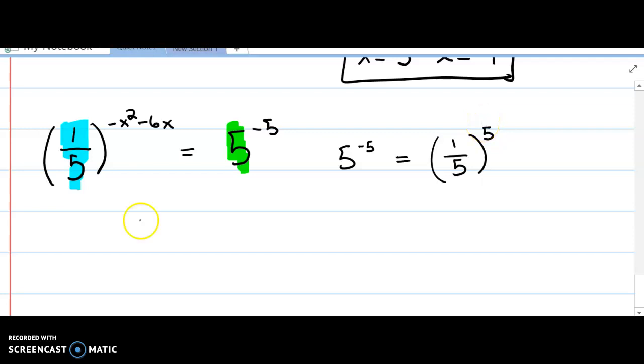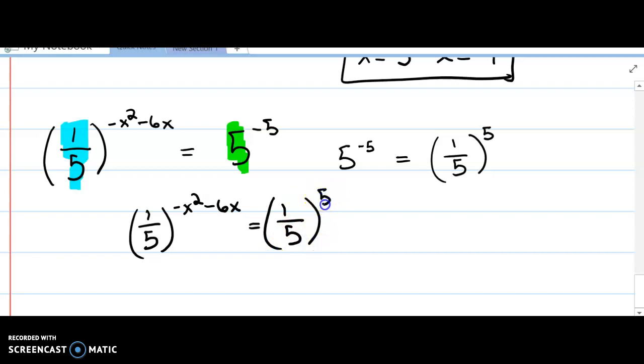Now I'm going to rewrite the problem. I have 1/5 to the negative x squared minus 6x is equal to 1/5 to the 5th. My bases match right here, so now I can set the exponents equal to each other.